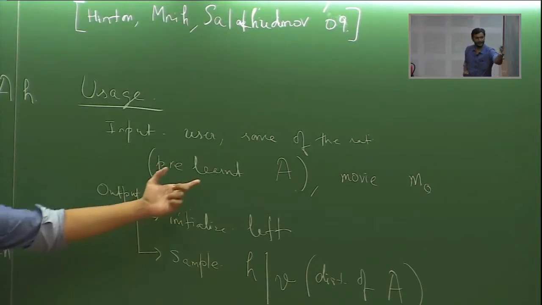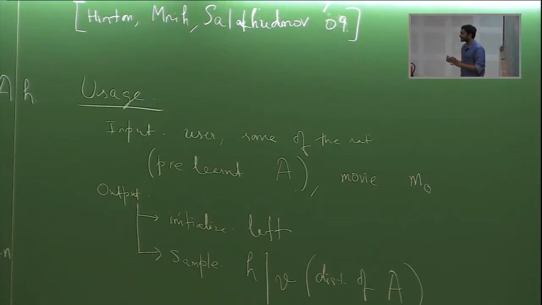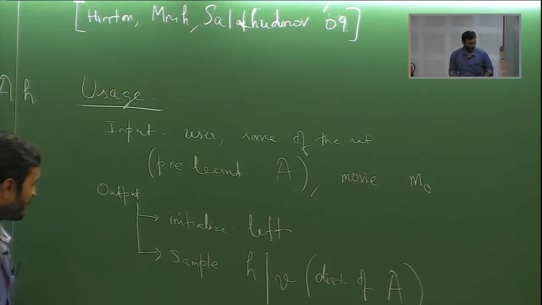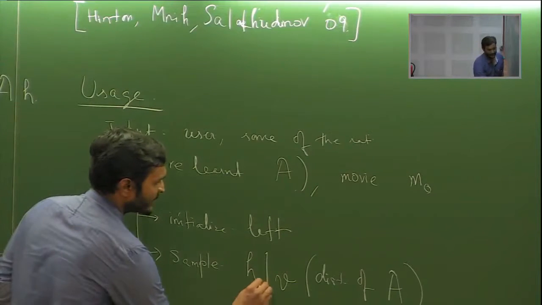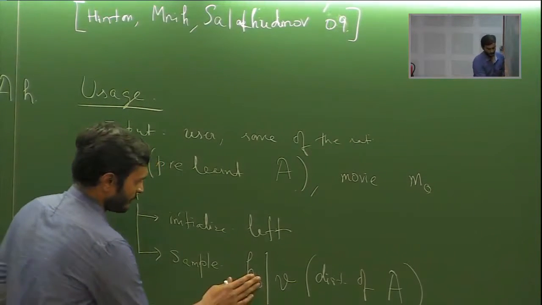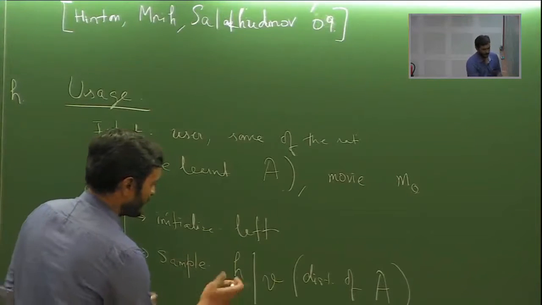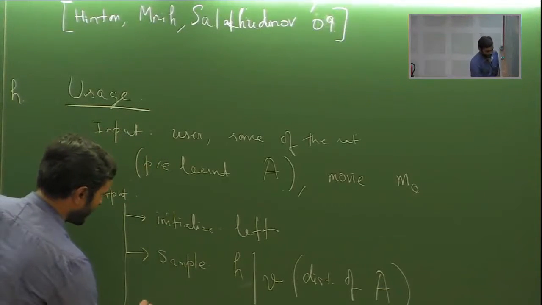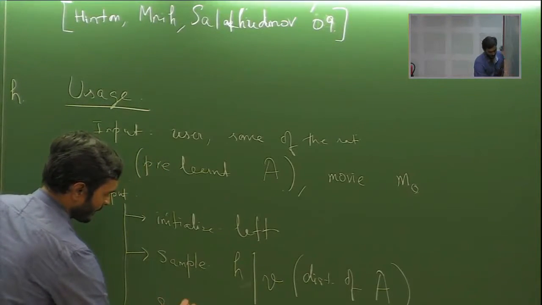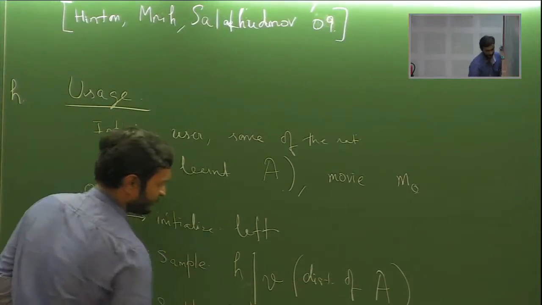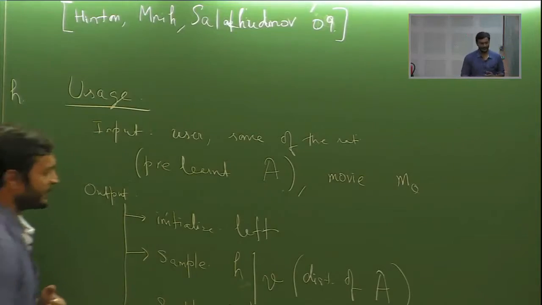Recall that when I fix A, this is going to be a fixed distribution, and once I fix V, H given V is also a fixed distribution, and all I'm doing is sampling H. So I'm sampling H from V, and then sampling the particular rating V0 given this H, again from the same distribution.